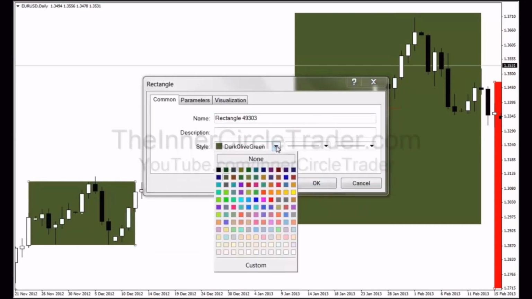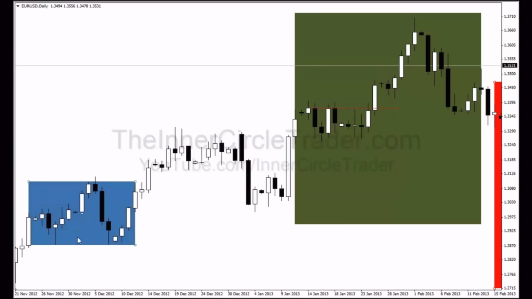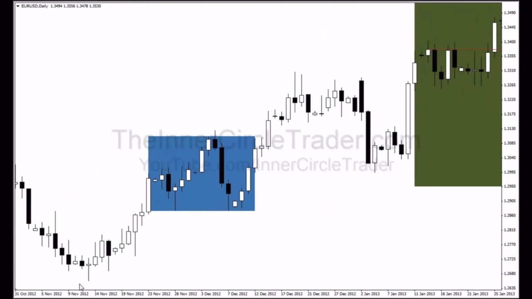Inside this, we're going to make it blue. In this little area here, smart money is accumulating. Now, how do I know it's accumulating? Well, because number one, price has already moved off of an area where it caused a reaction. Inside this reaction, price moved higher.